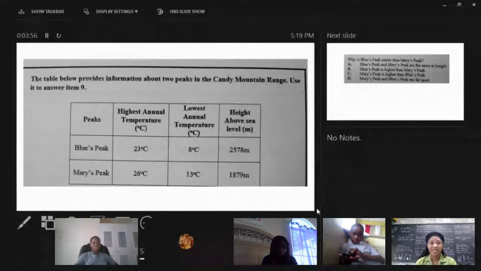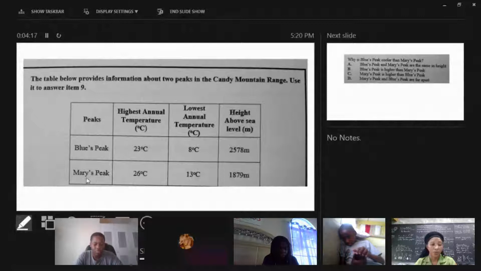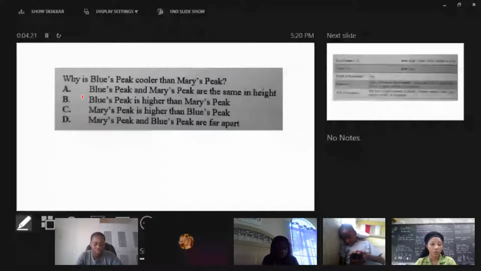And also, as you said, the thinner the air and the less oxygen is available for breathing. So Blues Peak is higher. It's at 2,578 meters. Mary's Peak is 1,879 meters. So Blues Peak is higher than Mary's Peak. That accounts for the cooler temperature.